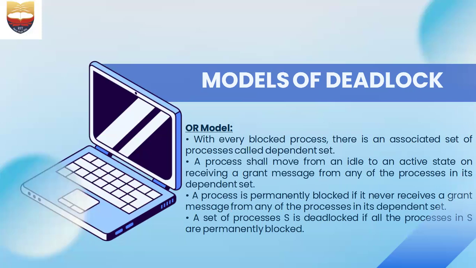A process is permanently blocked if it never receives a grant message from any of the processes in its dependent set. A set of processes, S, is deadlocked if all the processes in S are permanently blocked.